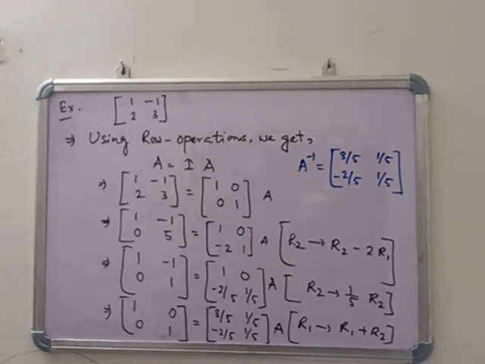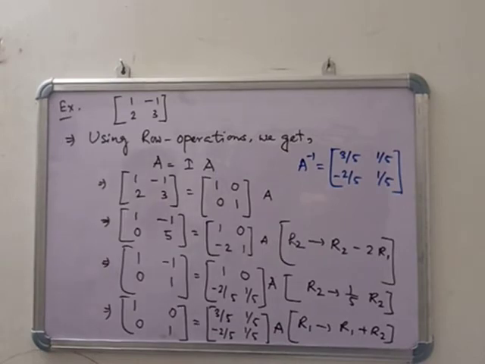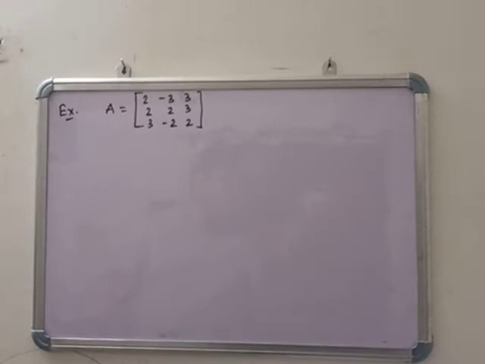Okay. Now we are discussing another problem of a 3 by 3 matrix. See that, A equals 2 minus 3, 3, 2, 2, 3, 3 minus 2, 2.